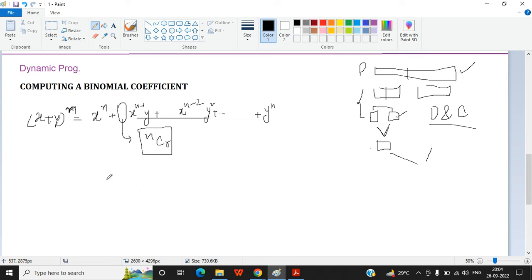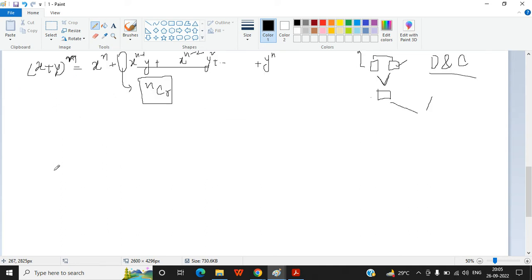Now, how to calculate this one? This is the thing you have to know here.